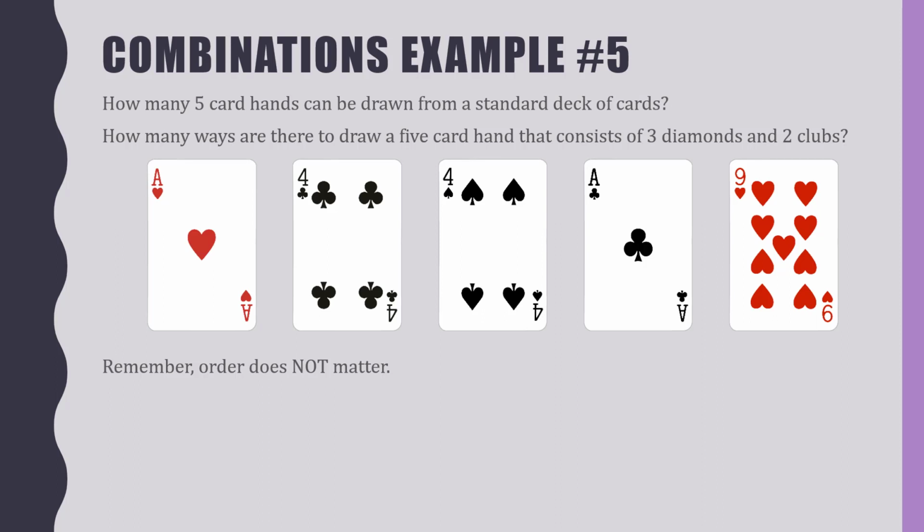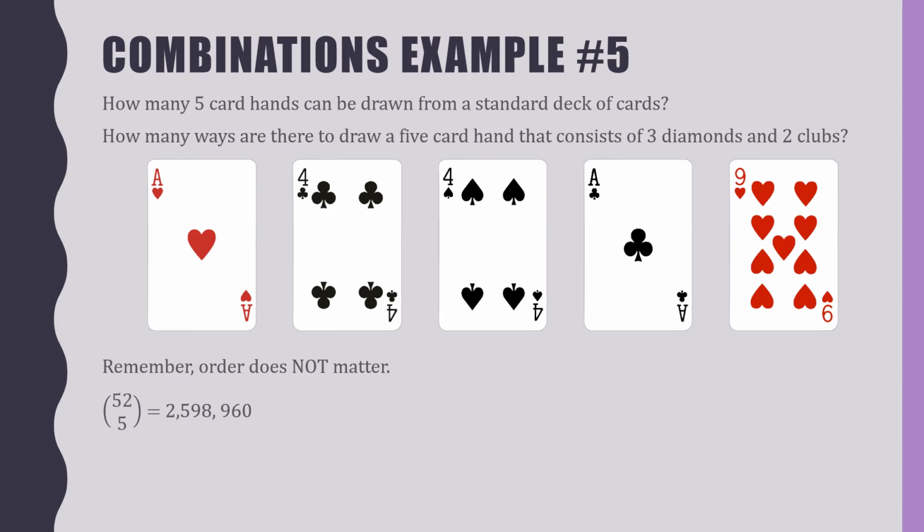That number's humongous. But we need to divide out that 5 factorial because it's a duplication of every 5 card hand, right? So 52 choose 5 is 2,598,960, right? You guys get that? And even if you calculated wrong, at least if you got 52 choose 5, you had the right idea, right?